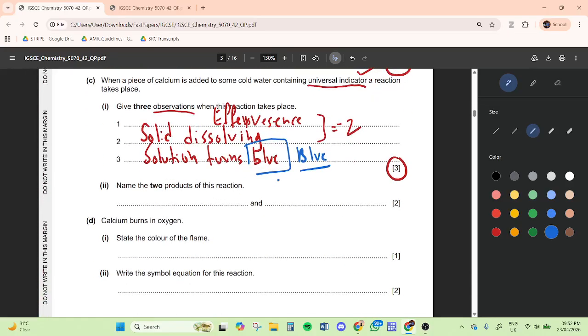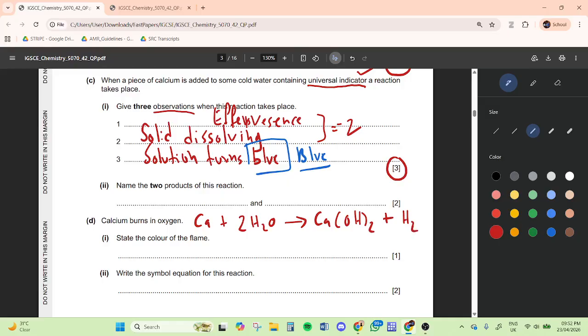Name 2 products of this reaction. So again, fairly straightforward. If we write down the equation, it's going to be calcium plus 2H2O. Remember to always balance your equations. So this gives you calcium hydroxide. Remember, calcium has an ionic charge of +2, hydroxide has an ionic charge of -1, so you need 2 hydroxides to balance calcium plus hydrogen.